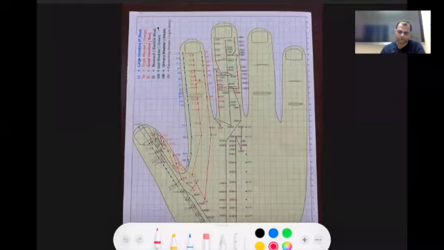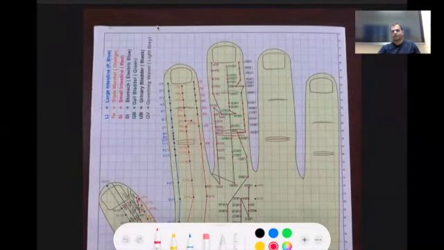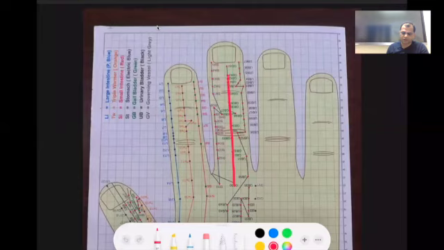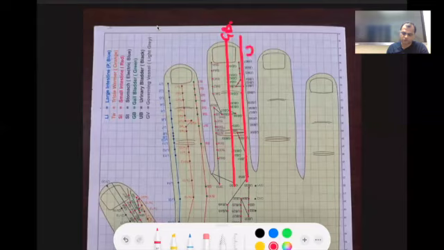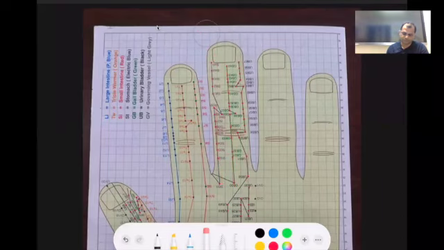We are looking at the palm from the dorsal side. In the middle finger, we have three meridians. In the center, we have the gallbladder meridian. On the outer side, we have the urinary bladder meridian. And on the inner side, we have the stomach meridian. So right now, we have to focus on the gallbladder meridian and the urinary bladder meridian. So let's start from the gallbladder meridian, the center one.